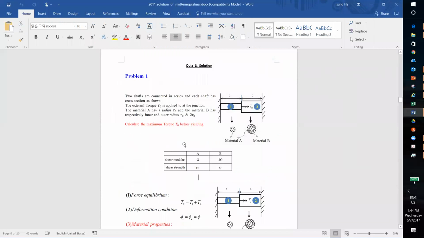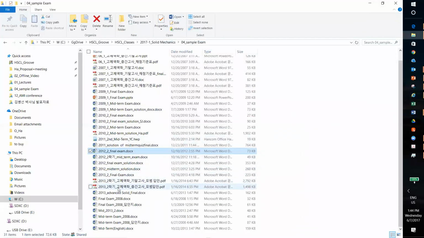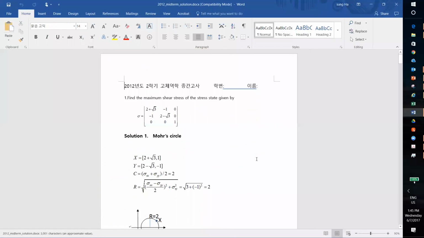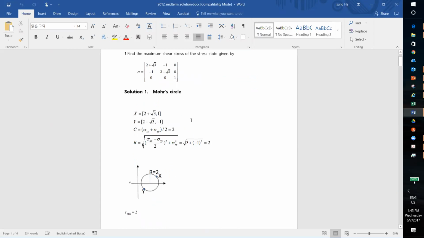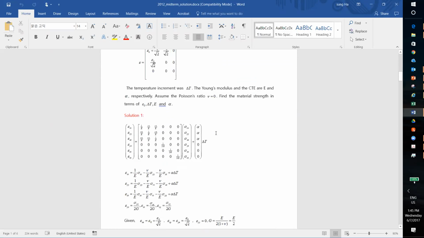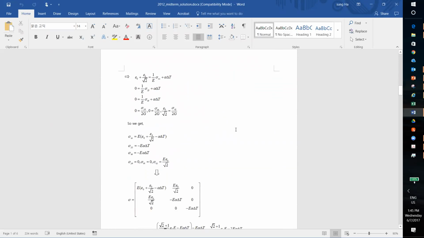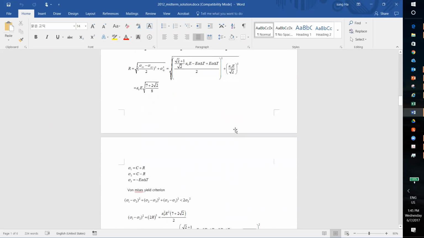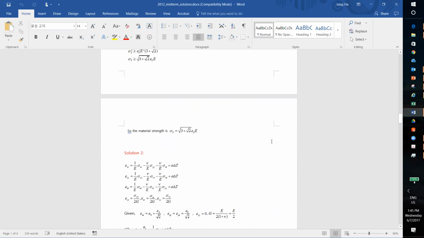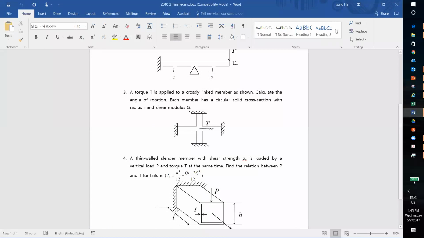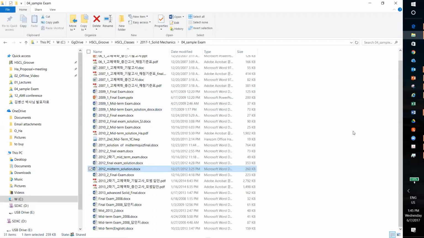Please review them. In 2012, there is also a midterm, with Mohr circle, stress, strain, failure and so on. This is the solution sheet for that one.